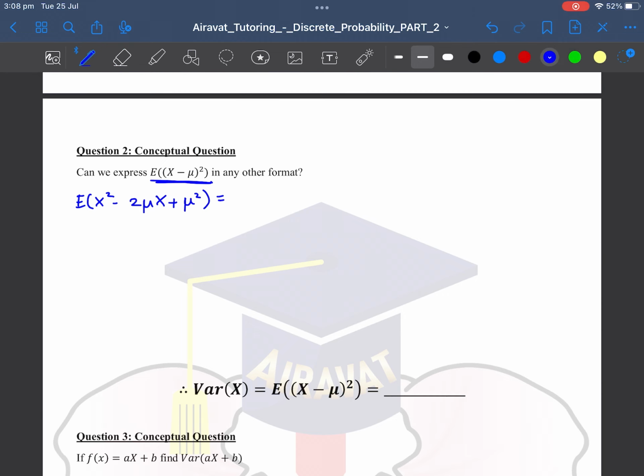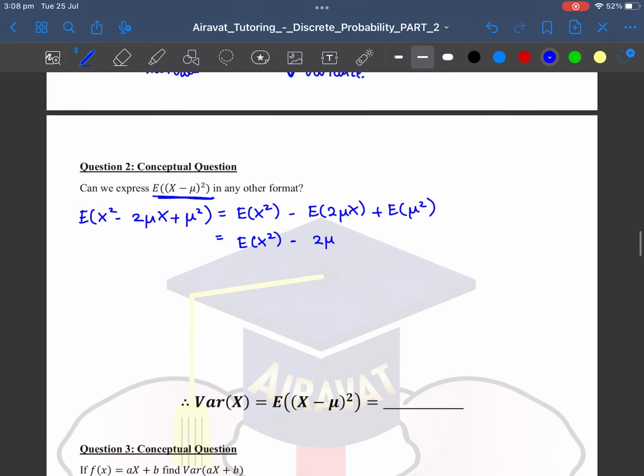Now I'm going to split this whole term into 3 smaller terms: E of X squared minus E of 2 mu X plus E of mu squared. The next step, I'm going to simplify this further by bringing 2 mu out of the bracket.